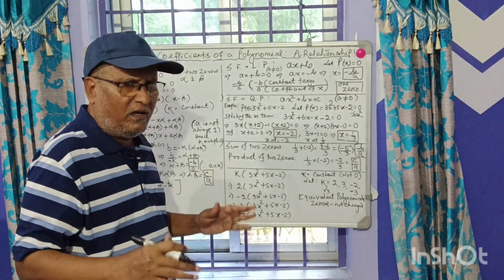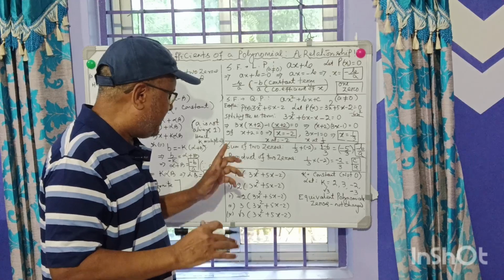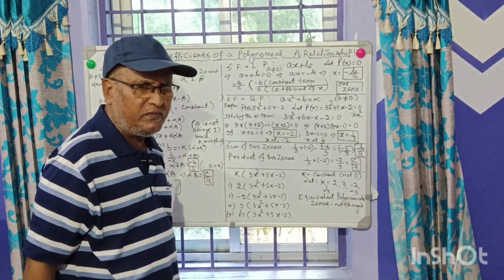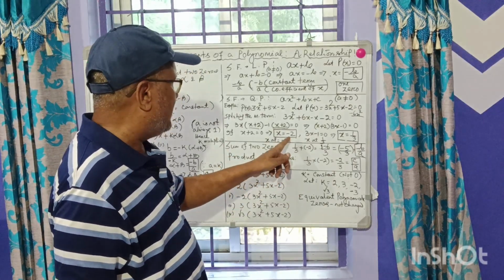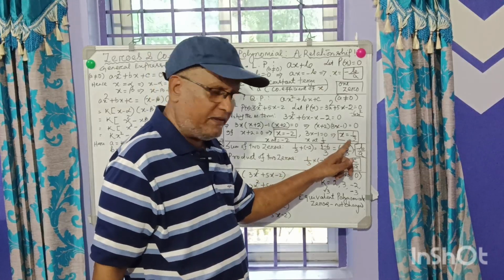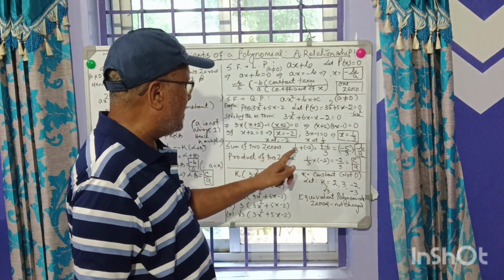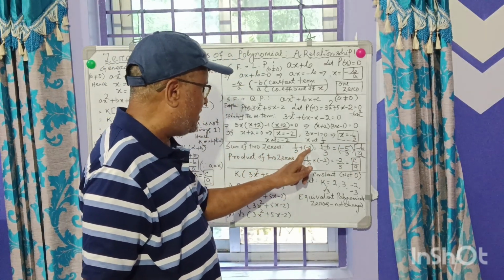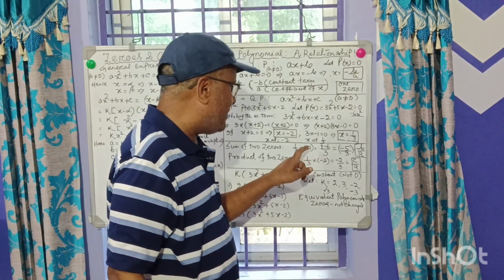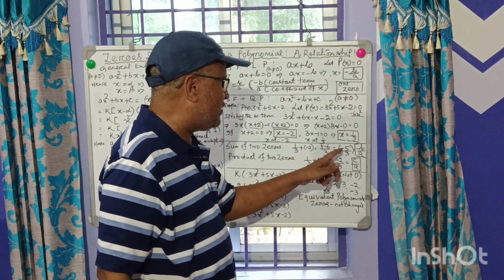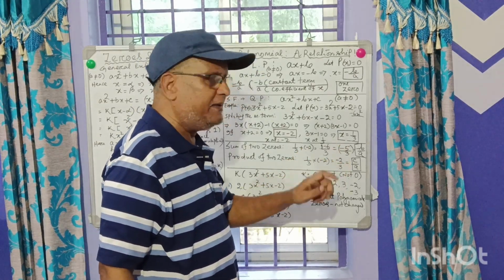Now, let us find out the sum of the two zeros. We got two zeros, minus 2 and 1 by 3. The sum of the two zeros, 1 by 3 plus within bracket minus 2, is minus 5 by 3.